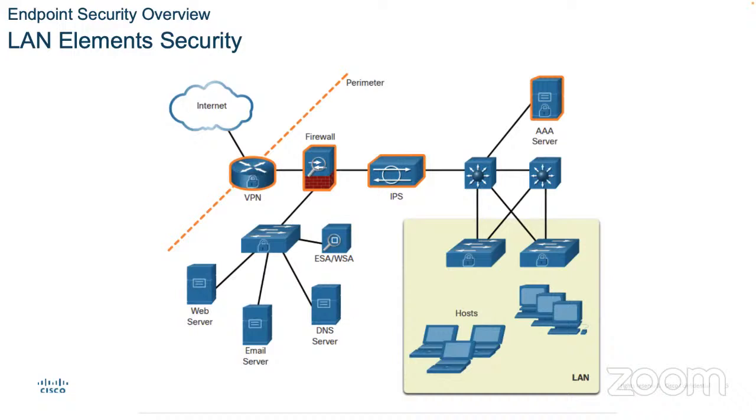Historically, the employee endpoints were company-issued computers. But the reality is that's not the endpoint anymore. Workers can bring their own devices, their own home laptops. There are IoT devices everywhere.